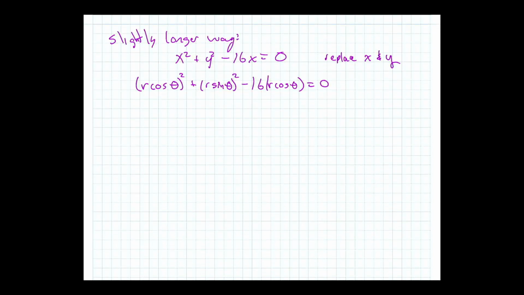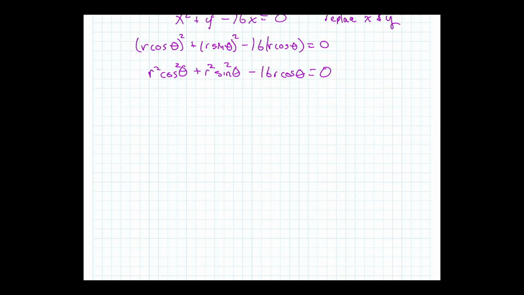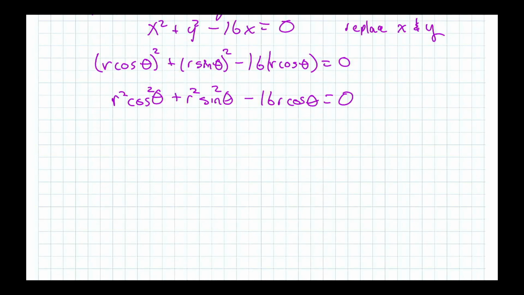Then you can square these two. You get r squared cosine squared theta plus r squared sine squared theta minus 16r cosine theta equals 0. The reason this takes a little bit longer is because here you have an r squared and an r squared, which you could factor out if you're trying to simplify this. And you have cosine squared theta plus sine squared theta, and then minus 16r cosine theta equals 0.